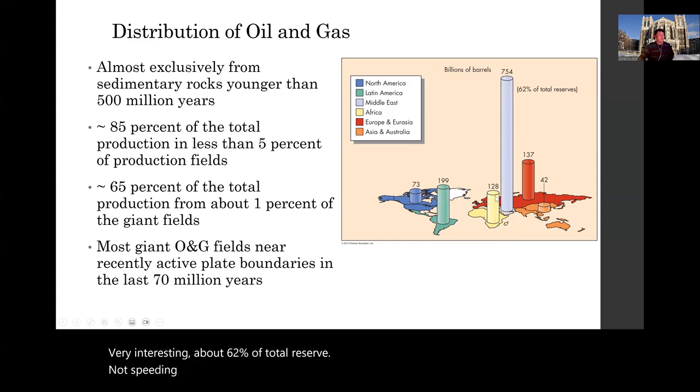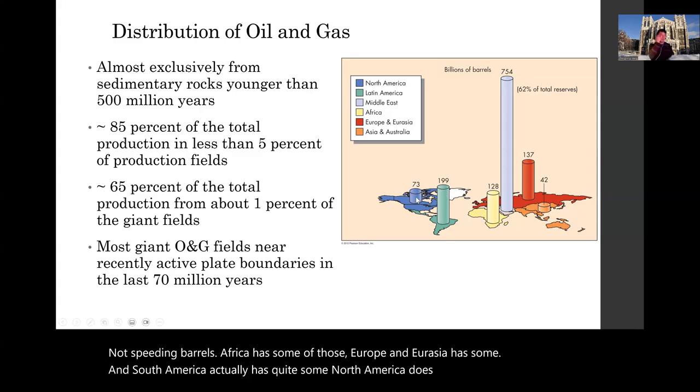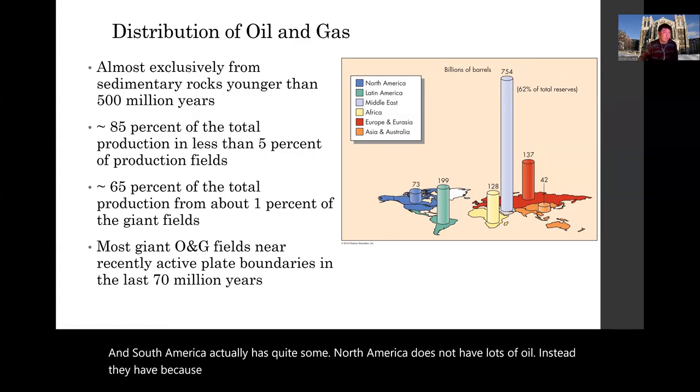Africa has some of those. Europe and Eurasia have some, and South America actually has quite some. North America does not have lots of oil. Instead, because they were on land in tropical forests, they have coal, more coal than oil. And Asia and Australia have little.